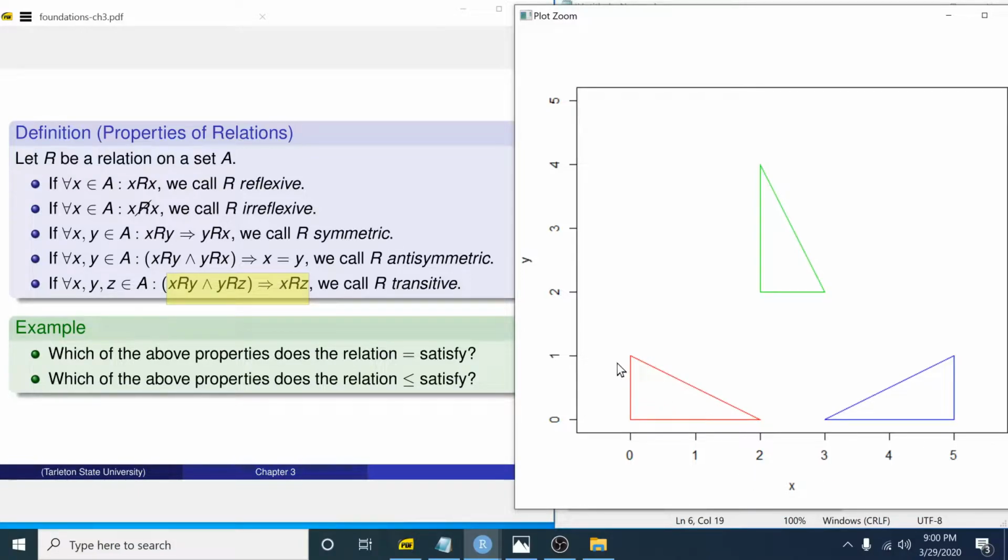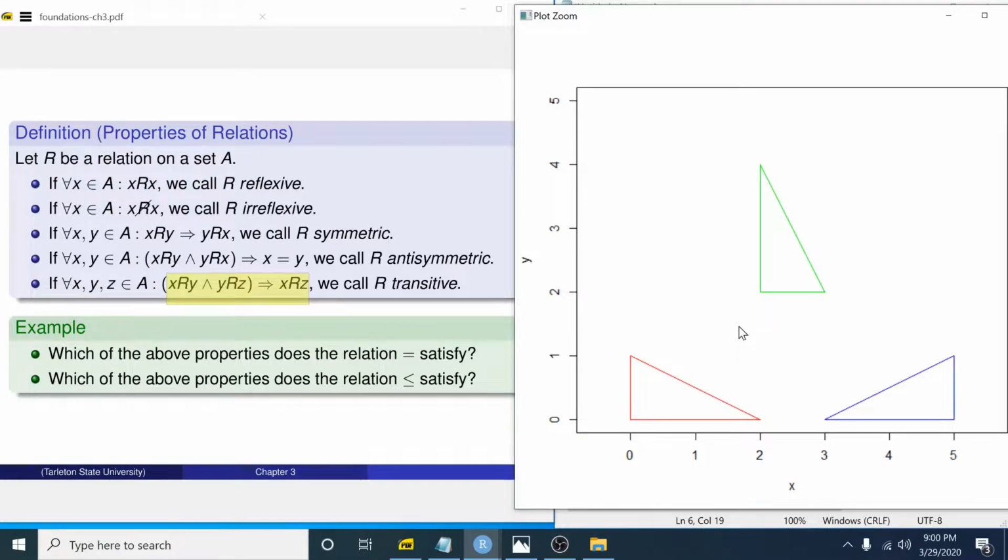The red triangle has this vertex pointed to the right, the blue triangle has this vertex pointed to the left, and the green triangle is oriented in a completely different way, and it's in a different location in space. So these triangles are all different in the sense that they're composed of different sets of points, and they occupy different positions in space, but they are also congruent, and so even though they're different triangles in one sense, they are also in a sense equivalent.